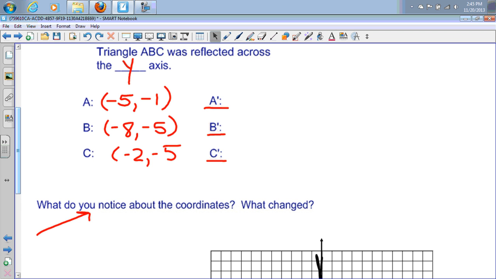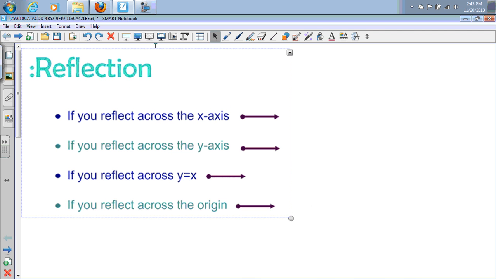As we move on, maybe you've been able to come up with this rule. Okay? What happens when we reflect across different axes? Well, what did you discover about when you reflected over the y-axis?